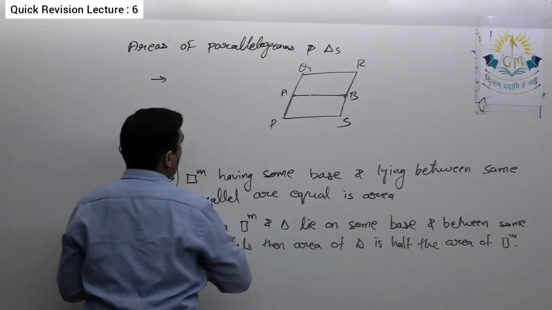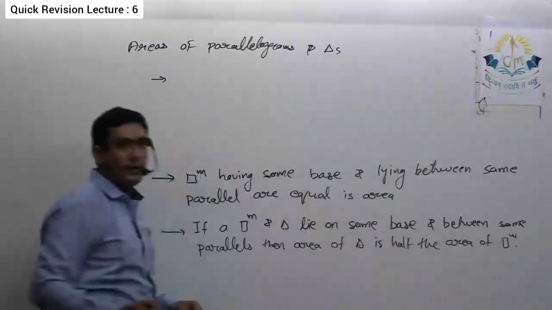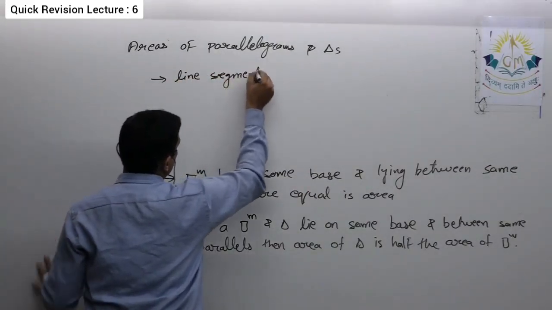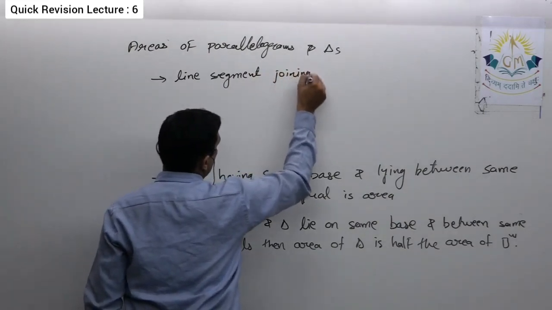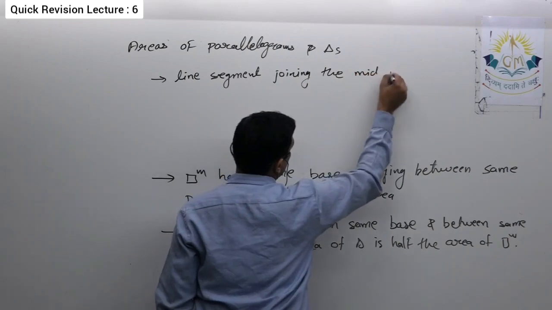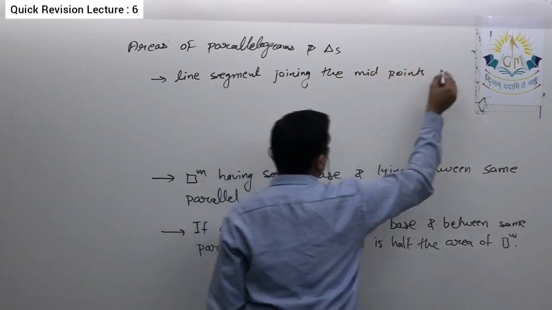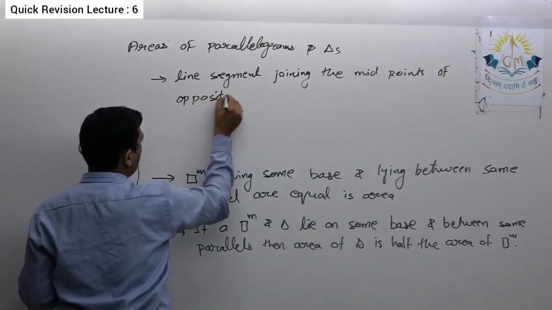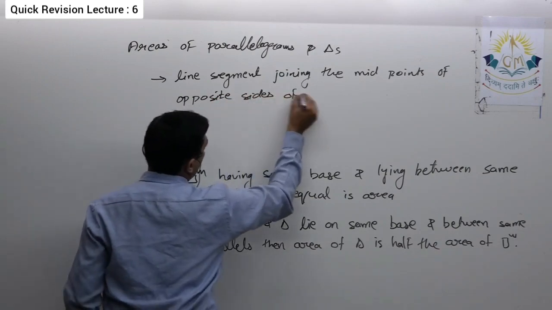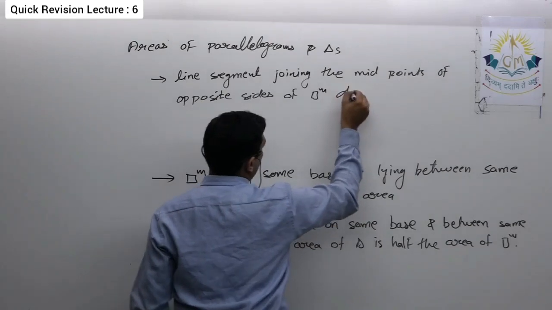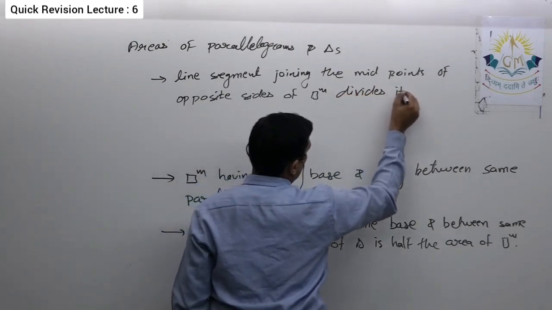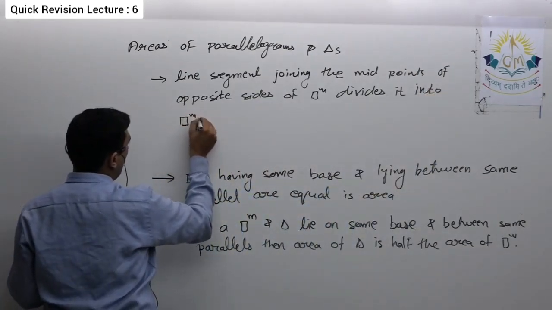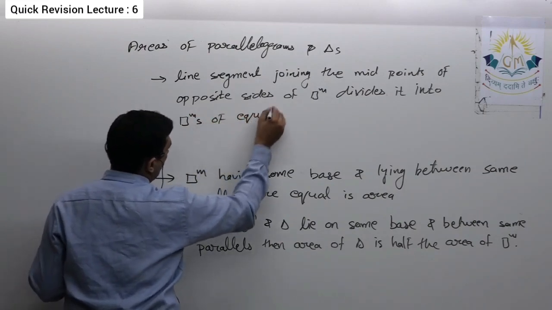Okay, so we can say the line segment joining the midpoints of opposite sides of a parallelogram divides it into two parallelograms of equal area.